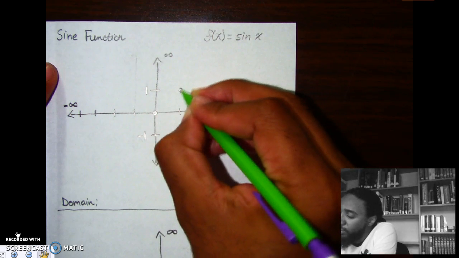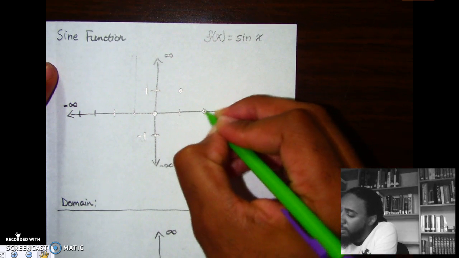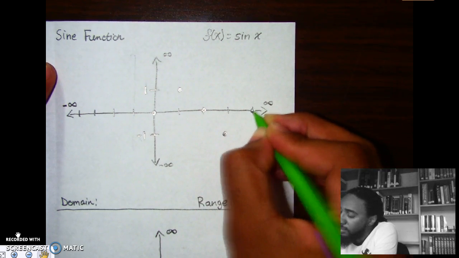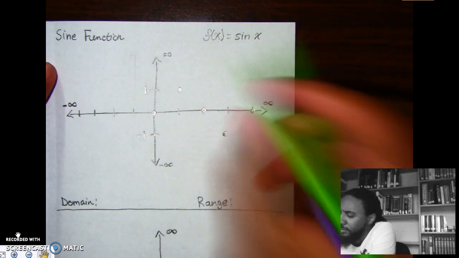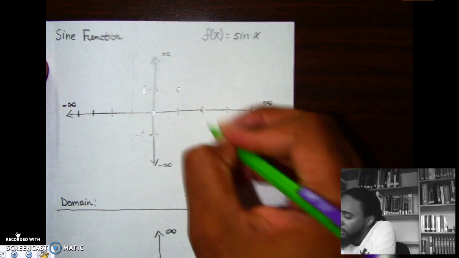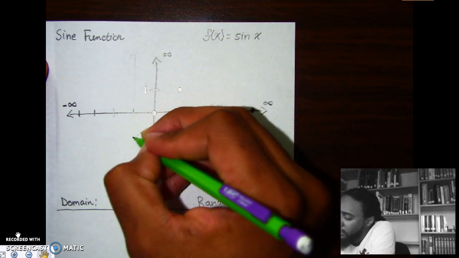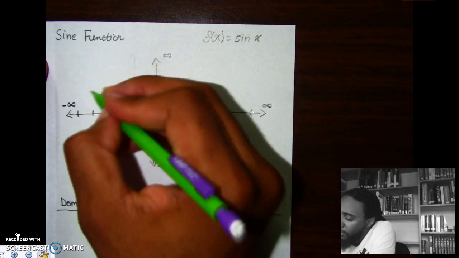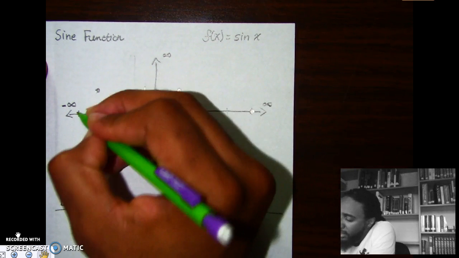It's going to go up, then back down, then below, and then back up again. So it looks kind of weird, but it's going to be okay. And then again here, it follows the same pattern. It's going to go down here, back up, above at 1, and then back at 0 again.